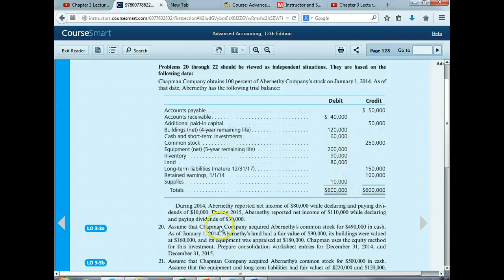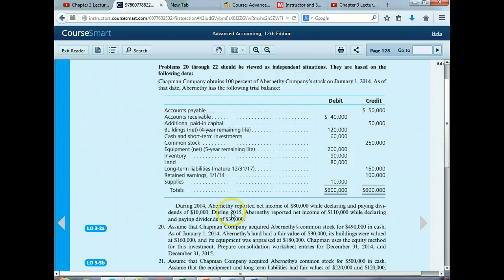So it showed us, let me just see where I'm at. 2014 and 2015.